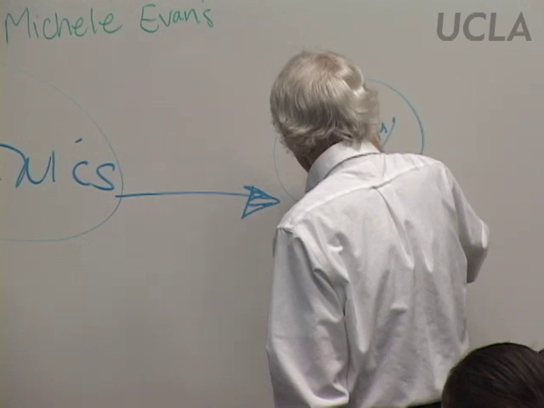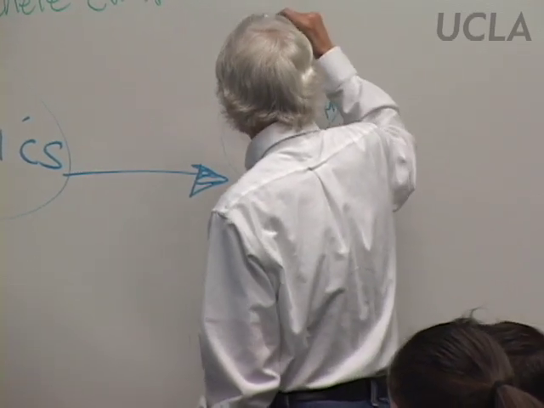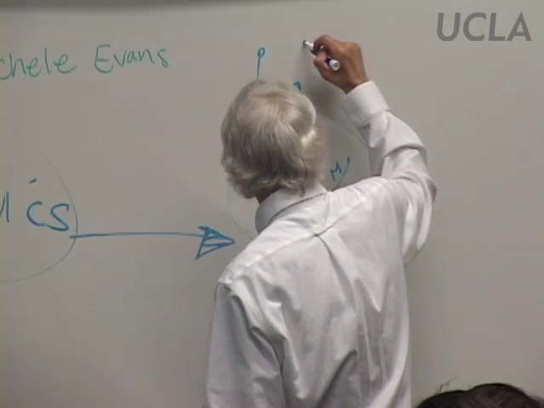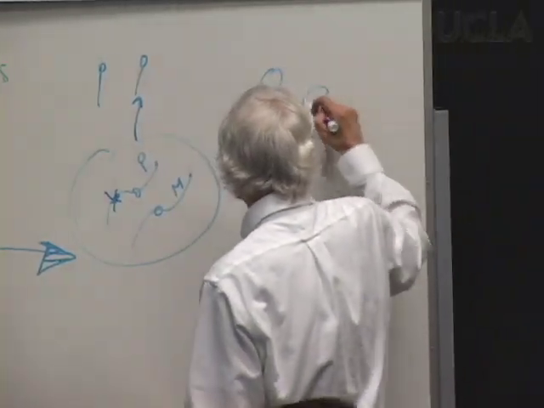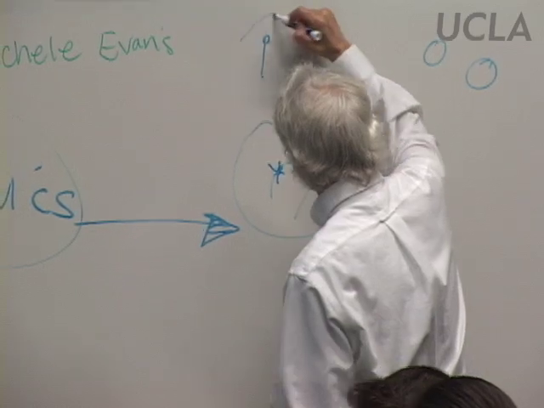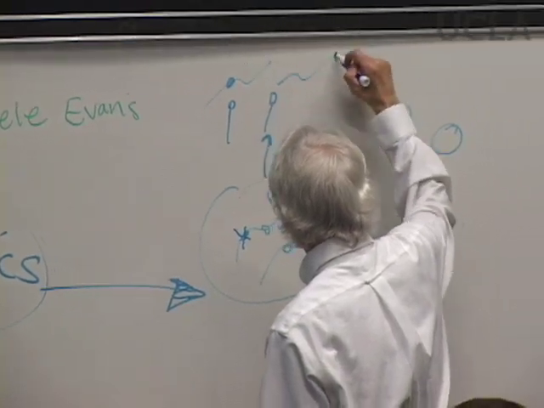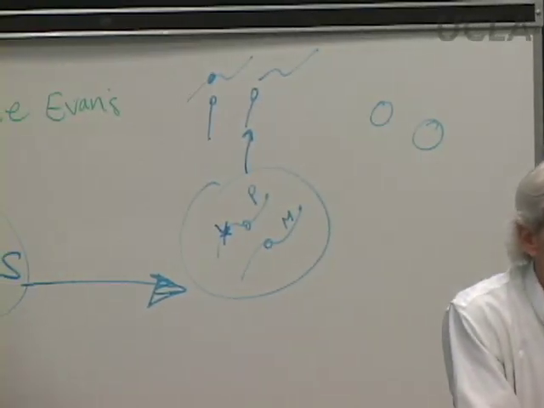One. Yeah. So what's going to happen when you produce, let's say if it's a boy, sperm, or if it's a girl, eggs? One of them is going to have this gene, and one of them is not. Okay? Yeah.